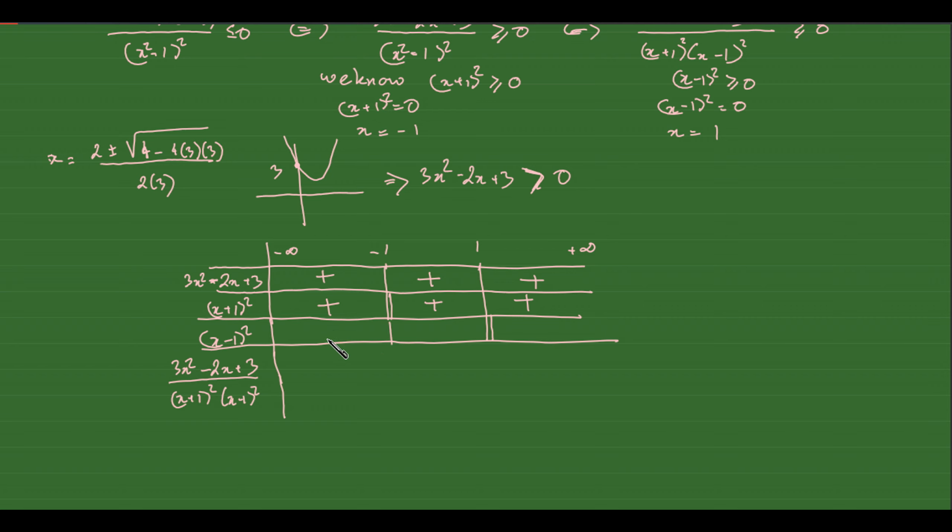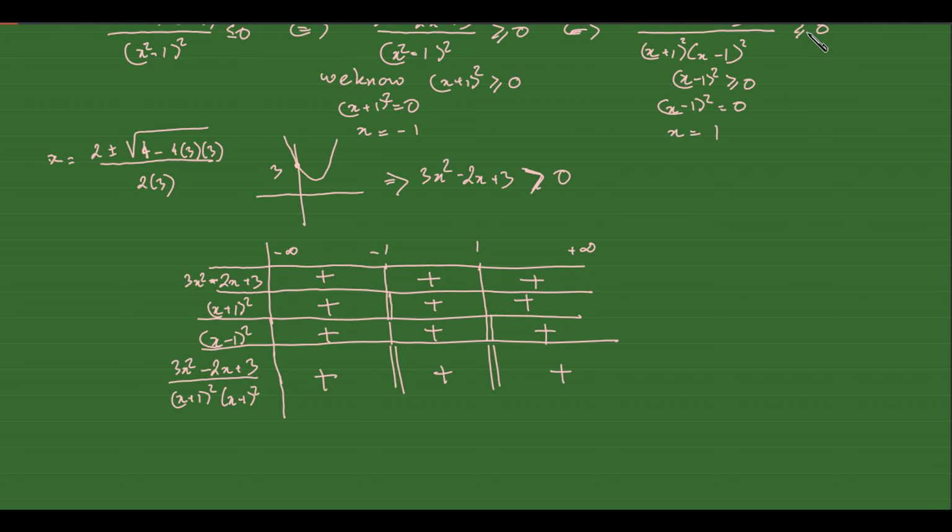Again, it's always positive. So you multiply these two, right? It's positive, so everything will be positive here, and positive here, and everything positive here. At negative 1 it's undefined. At 1 it's also undefined.